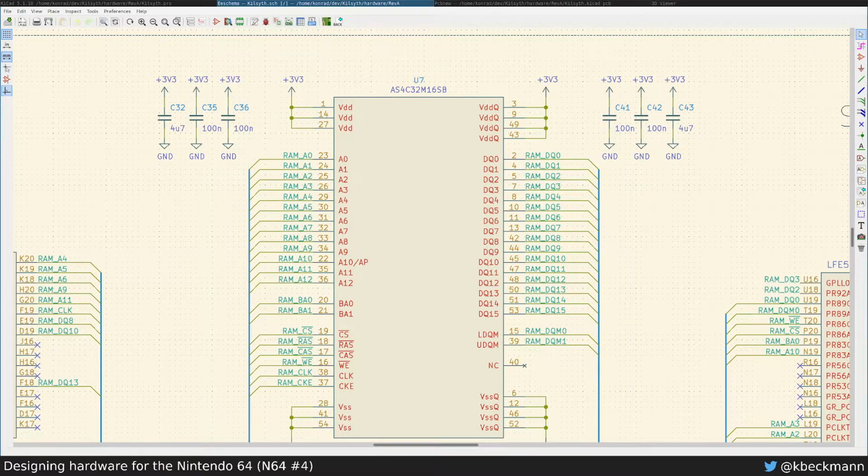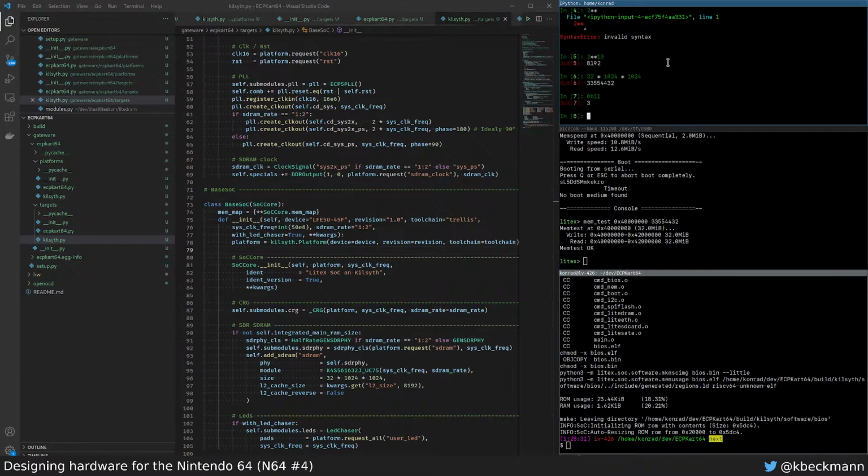I mean, theoretically, it should get like 32 bits per CPU clock cycle. So theoretically, we should get 50 megahertz times 4 bytes per clock cycle, which is 190 megabytes. But I don't know.